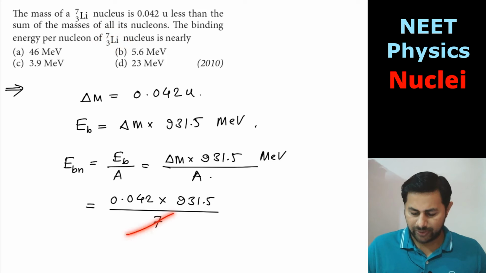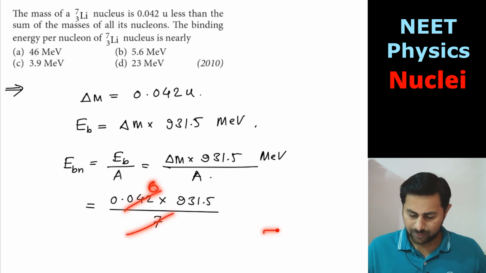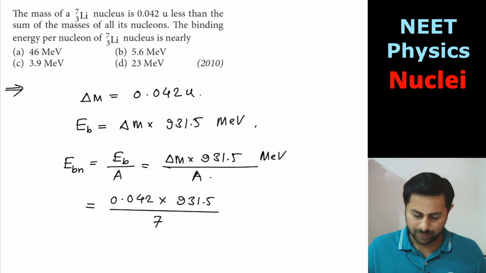Then you have 7, 6 are 42, right? 7, 6 are 42. This would be 0.006, or you can say it is 6 multiplied by 10 raised to minus 3.